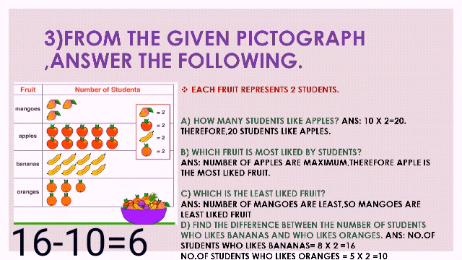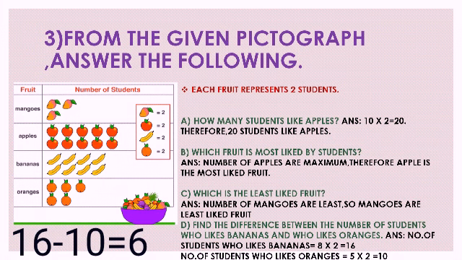Apples are 10, bananas are 8, oranges are 5, mangoes are 3. So 3 is lesser than 10, 8 and 5. So which fruit is liked less? Since there are 3 mangoes, the diagrams of mangoes are fewer than those of oranges, bananas or apples. So mango is the least liked among all other fruits.